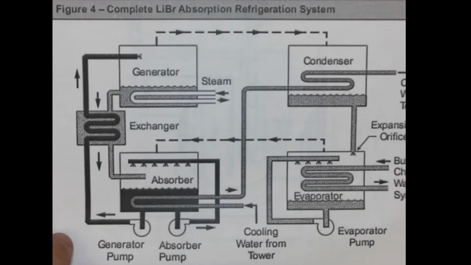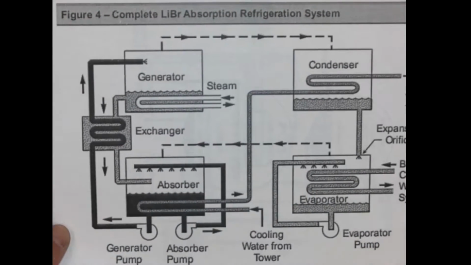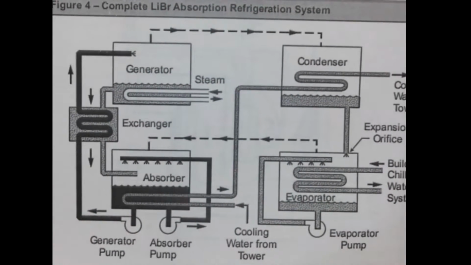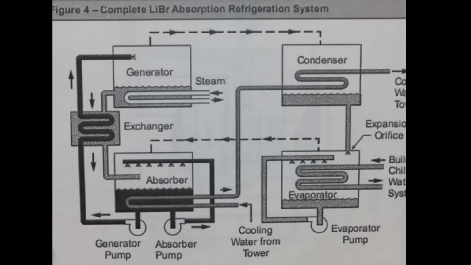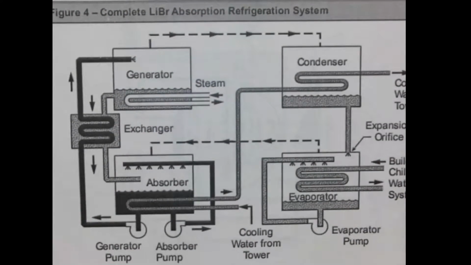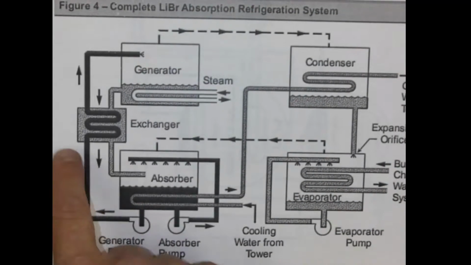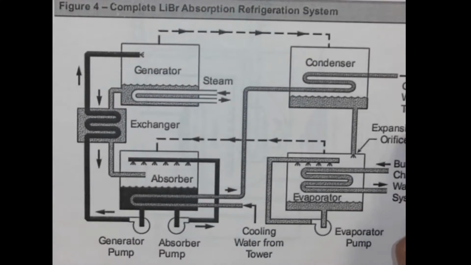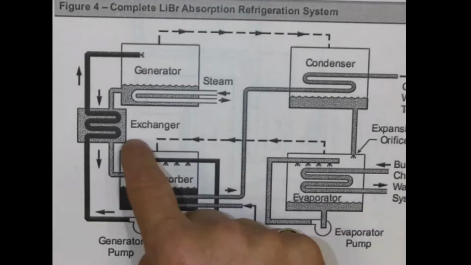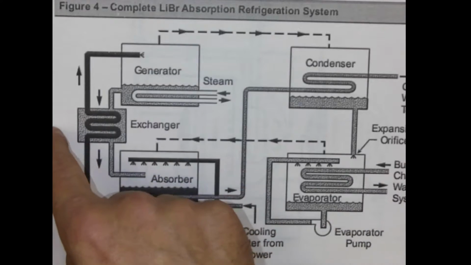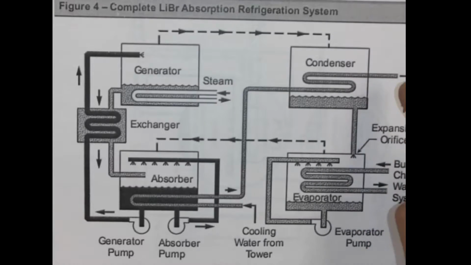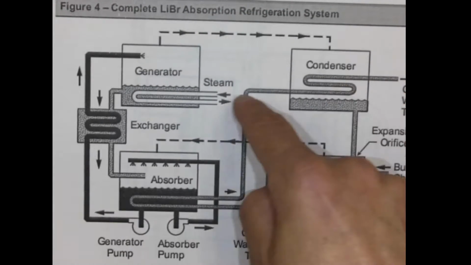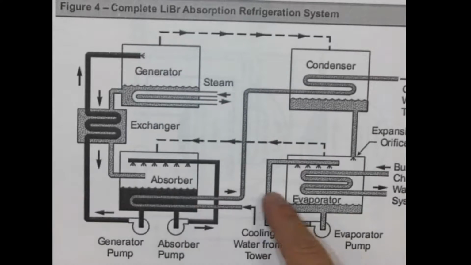On the back side of this page, what they've done is they've taken this system and they've coupled the systems. So we know that there's a difference of pressure across the orifice and through the pumps. So we have a high and a low pressure system. Everything on here is at high pressure, everything down here is low pressure.